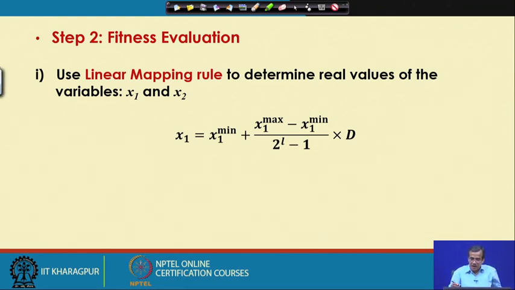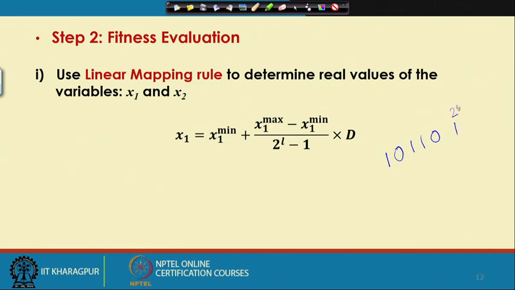Supposing that I have one binary string like 1 0 1 1 0 1. The place value for this is 2 raised to the power 0, then 2 raised to the power 1, 2 raised to the power 2, 2 raised to the power 3, 2 raised to the power 4, 2 raised to the power 5. Its decoded value will be 2 raised to the power 5 is 32; 2 raised to the power 4 is 16, but it is multiplied by 0, so no contribution.